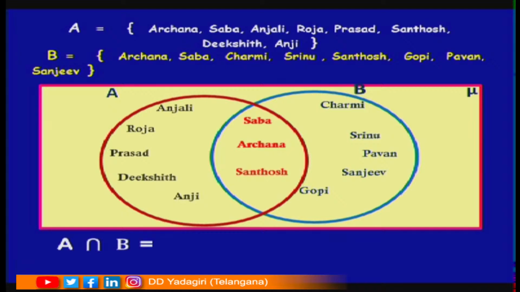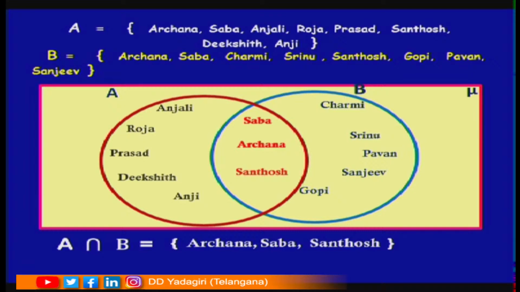I want to write the set of common elements in both sets. Can you tell what the common elements are? Sabha is there in A, Sabha is there in B. Archana is there in A and Archana is there in B. Similarly, Santosh is there in A, Santosh is there in B. So, let us list out the common elements: Archana, Sabha, Santosh.